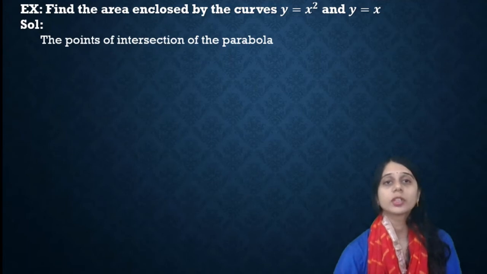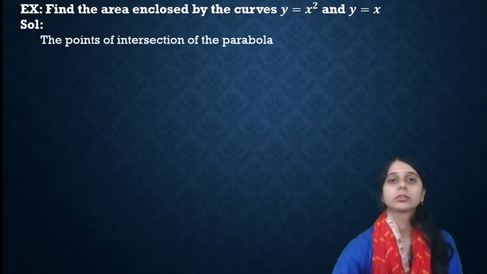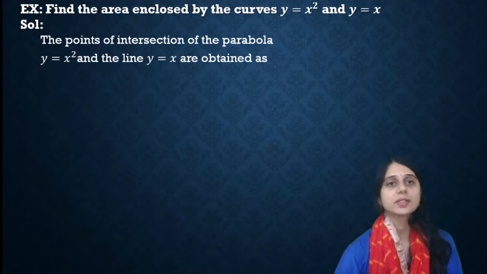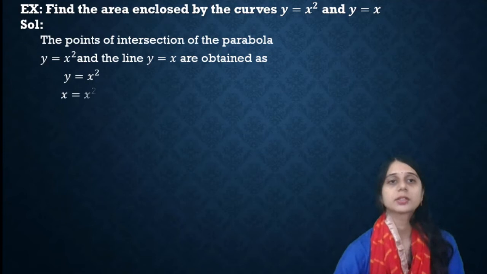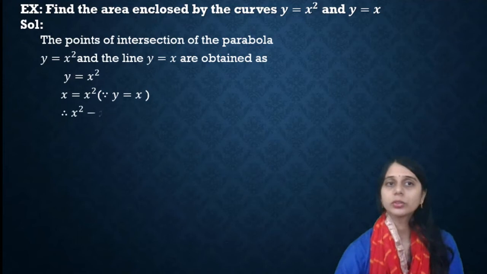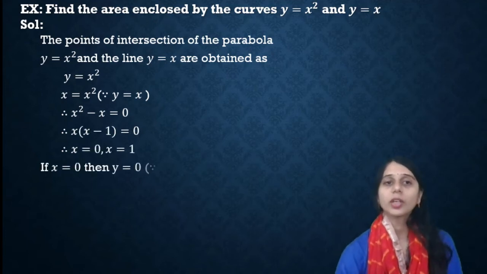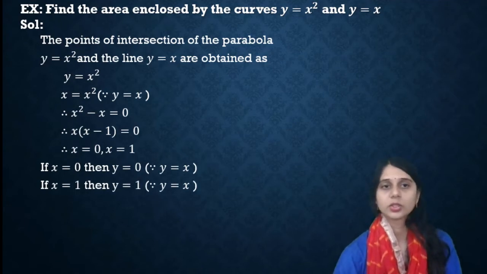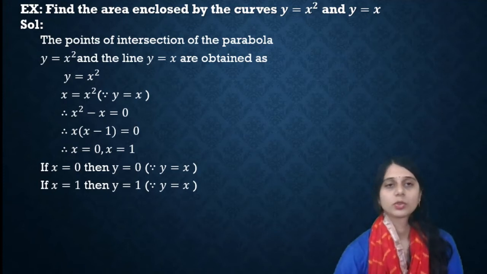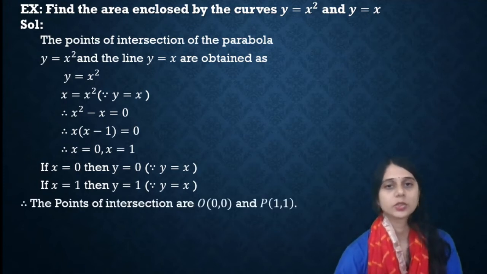The points of intersection of the parabola y = x square and the line y = x are obtained as follows: y = x square, so x = x square, so x square minus x = 0, so x = 0 and 1. If x = 0 and 1 and y = x, then y = 0 and y = 1. So our intersection points are (0, 0) and (1, 1).